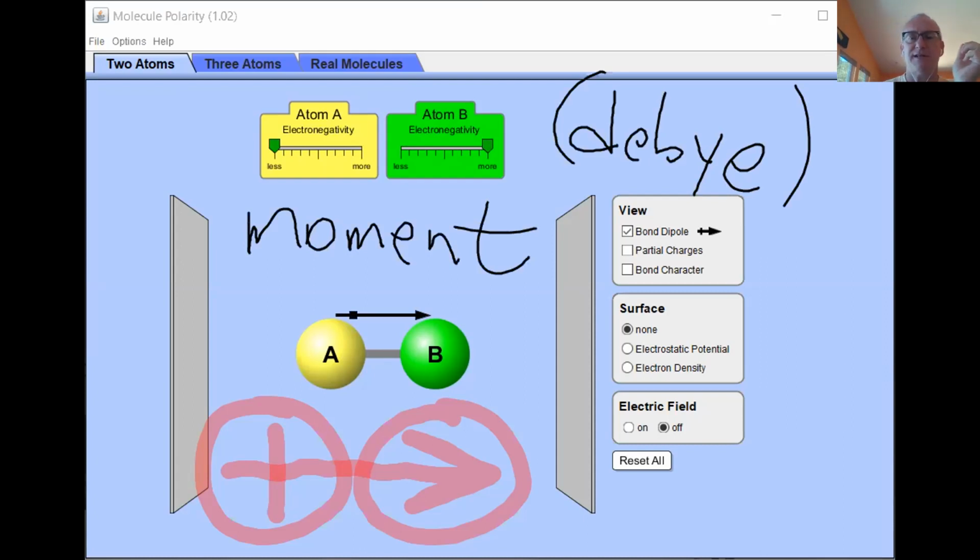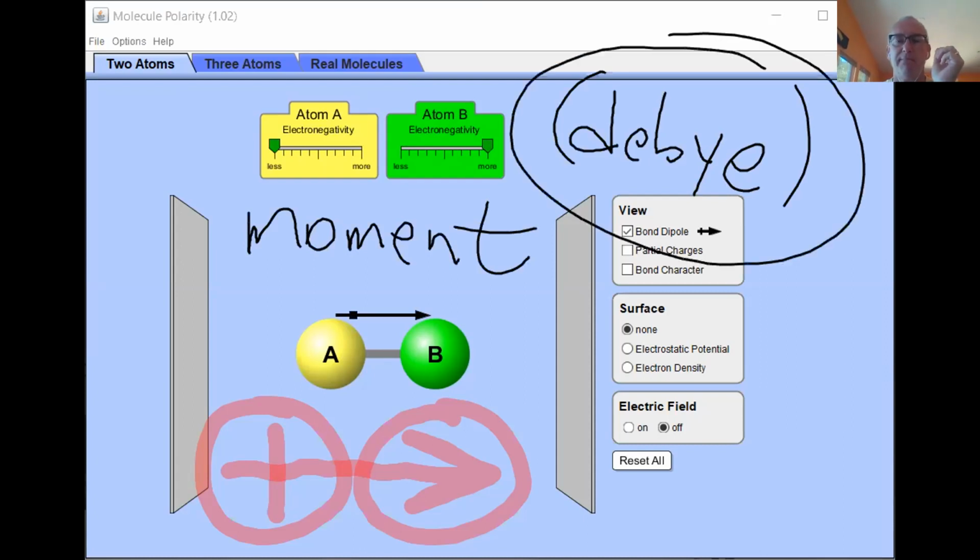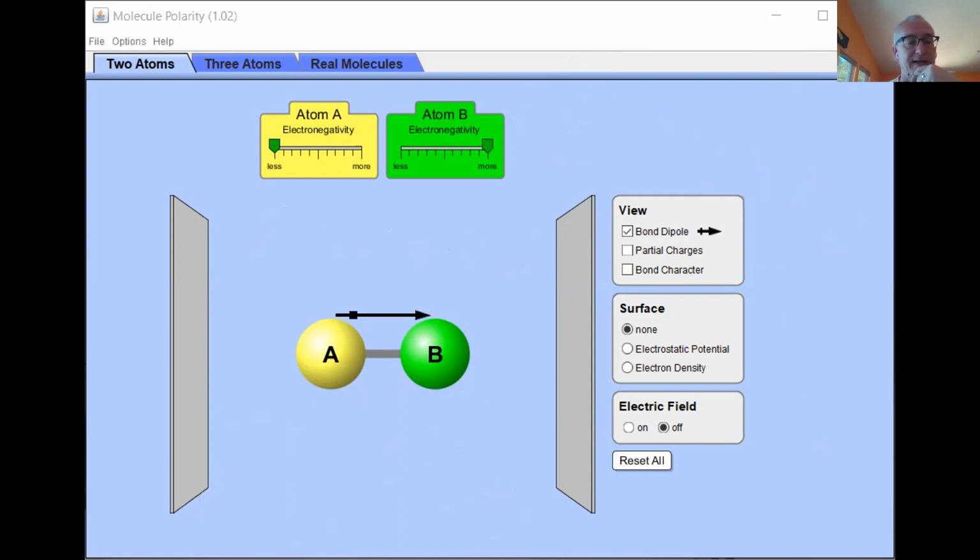Basically, this is a measure of the distribution of those electrons along the bond. If they're evenly distributed, this would be 0, and there'd be no dipole moment. The size of the arrow reflects the size of the dipole moment.